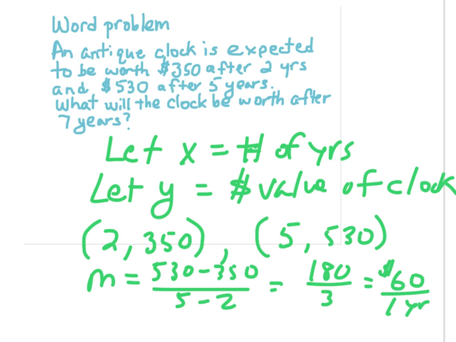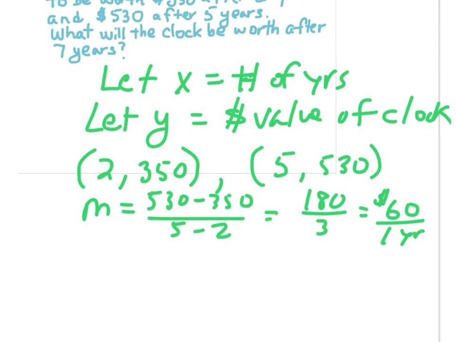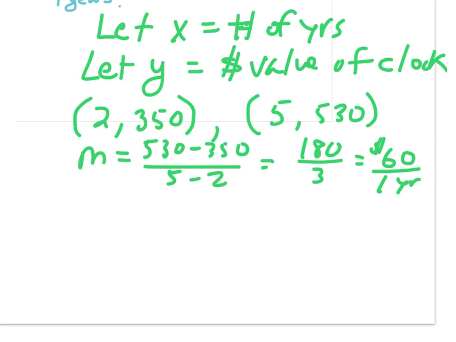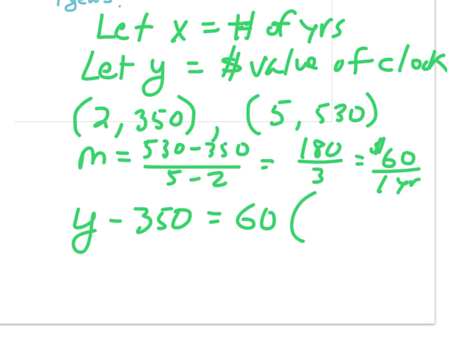All right, so that's your slope. Now what's this equation in point slope form? Pick either point. y minus 350 equals 60 times x minus 2.